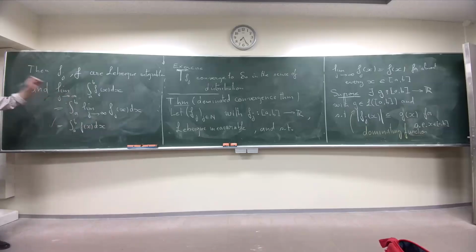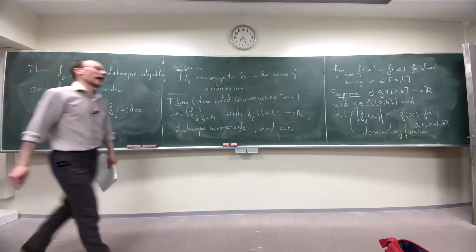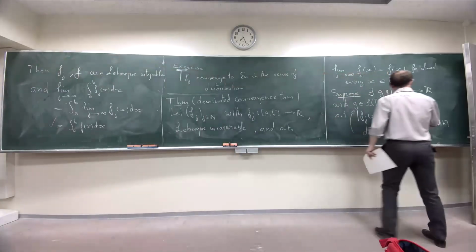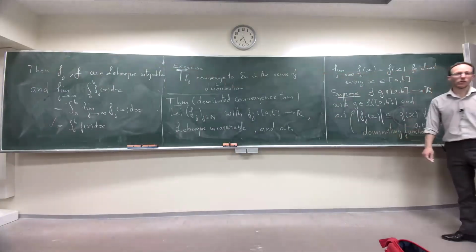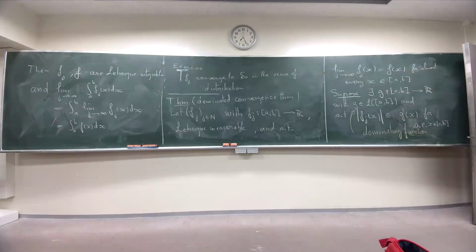Think about it. If you come back to the definition, it's a complicated process. You have a supremum over all partitions, and so on. So you are exchanging a supremum with a limit. So you are taking two complicated operations. But nevertheless, it's true as long as there exists this dominating function. If you don't have this, it's not true.